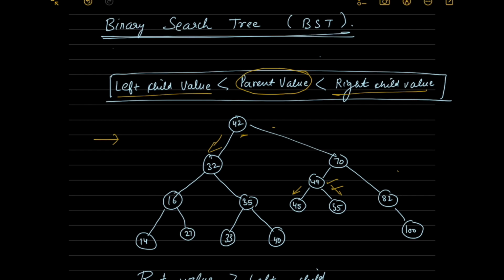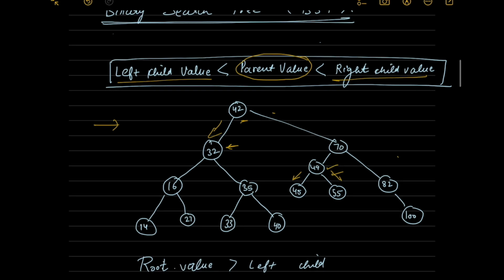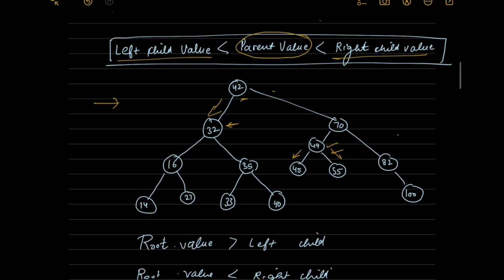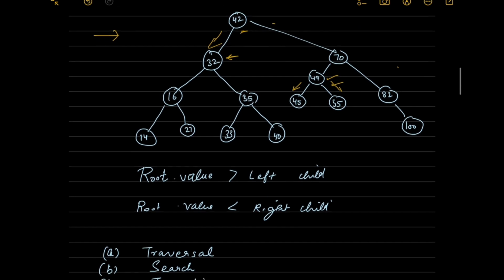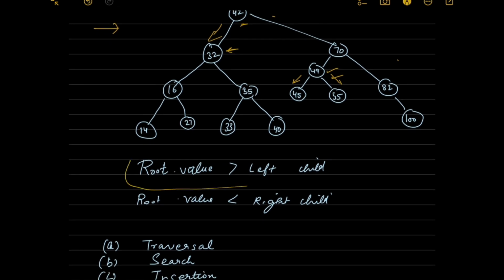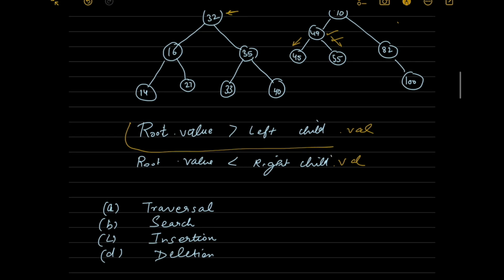Similarly, if I take any other example like 32, every node which is 16, 14, 27 is smaller than 32, and all the nodes to the right, that is 35, 33, 40, are larger than the parent node. So this satisfies the condition of a binary search tree. Another way to represent it is that root.value is greater than left child.value, and similarly it's smaller than the right child's value.